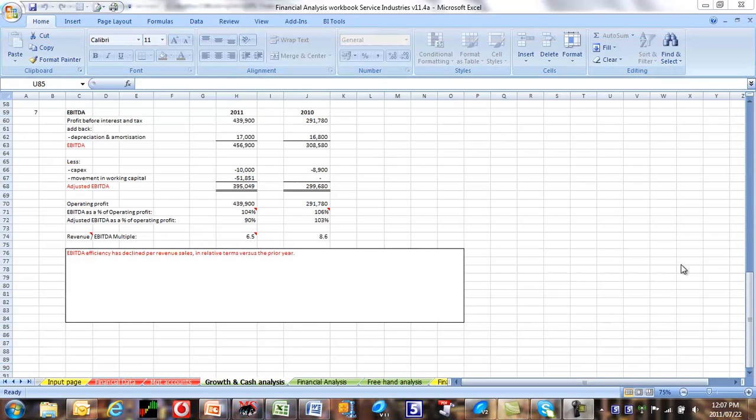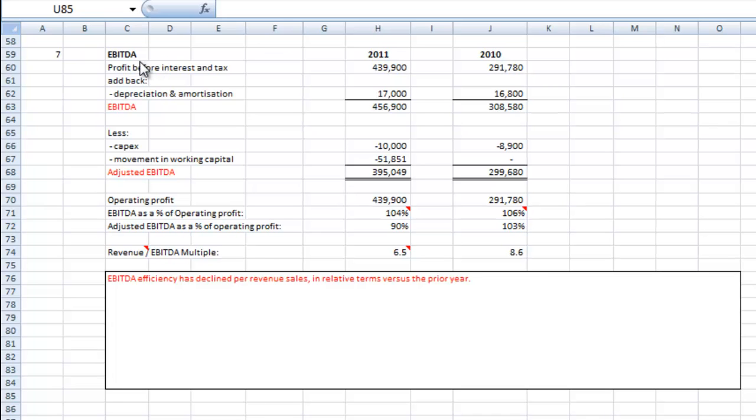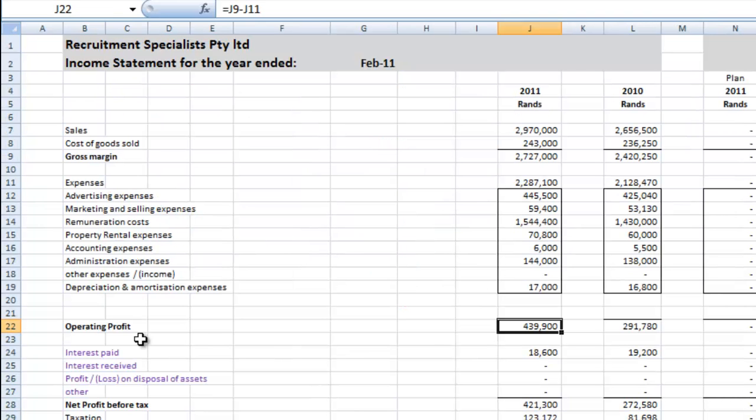Here we have in front of us the financial statements of an SME, small medium enterprise. So we have the two years here, 2011, 2010, and we have our calculation of EBITDA. How do we start? We start with profit before interest and tax. Where do we get that number from? Hopefully by now you all know you get it from the income statement. So if I go to the income statement, I find it here.